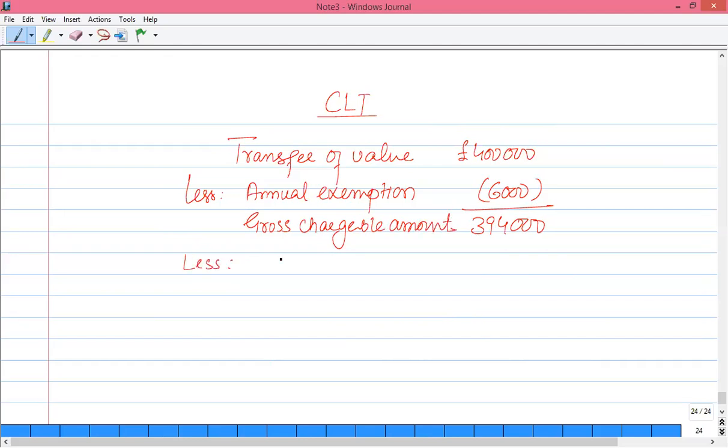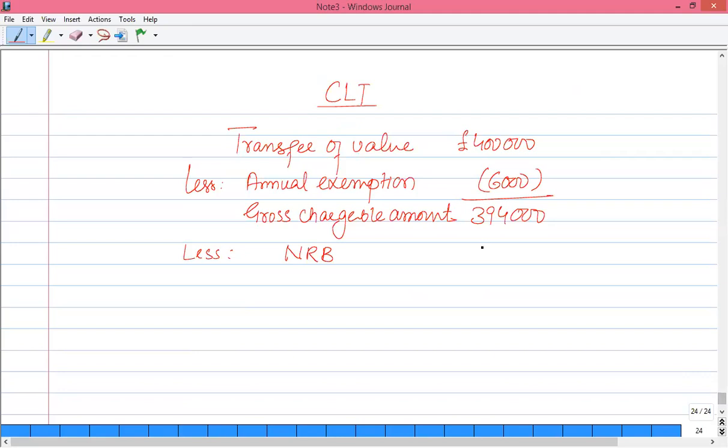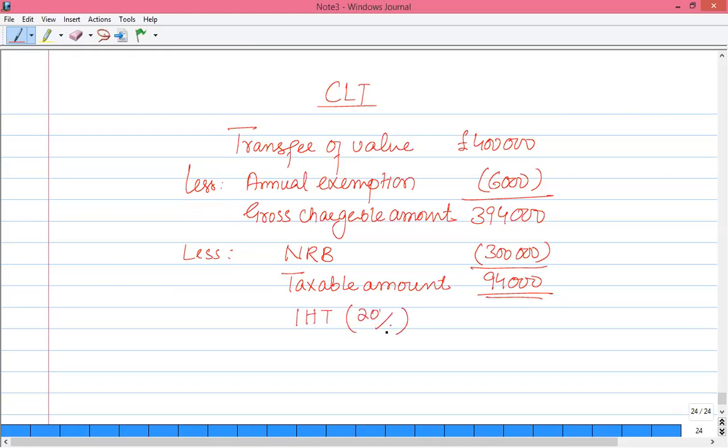Now we have to deduct the nil rate band. Assuming the nil rate band of that year is 300,000, I haven't given it in the question, so let's use the assumption, and this is the taxable amount. On this taxable amount, I have to report IHT at the rate of 20%.